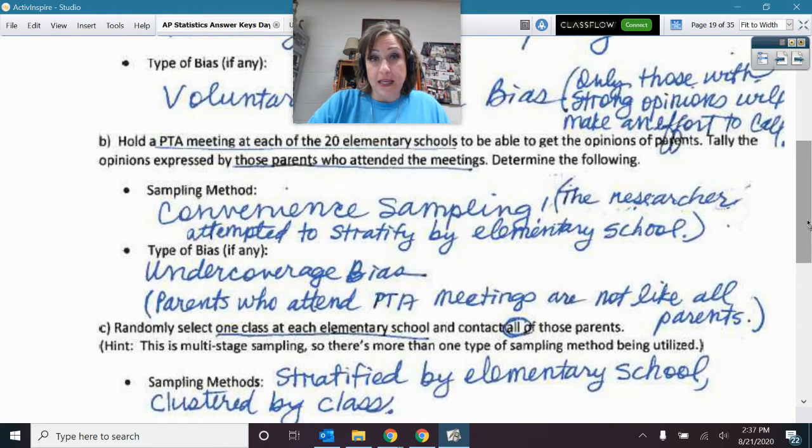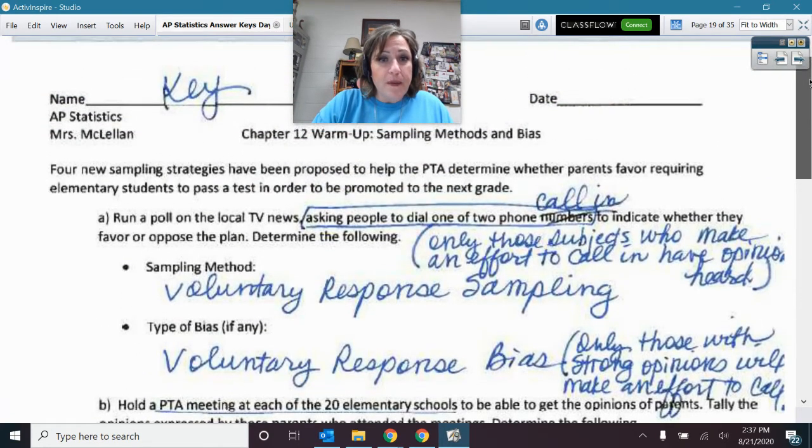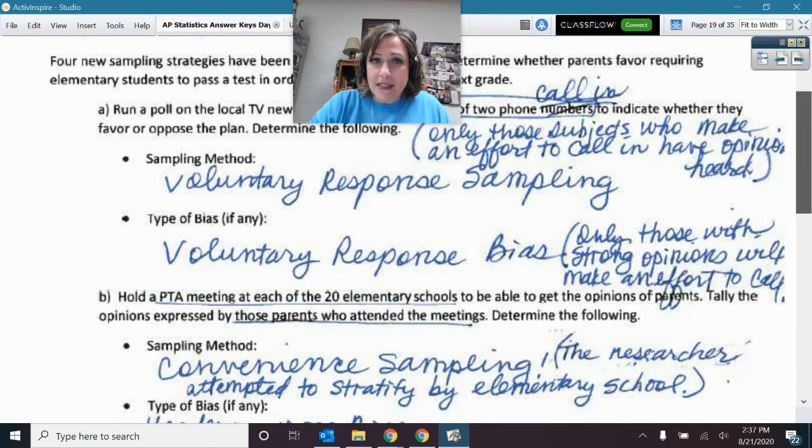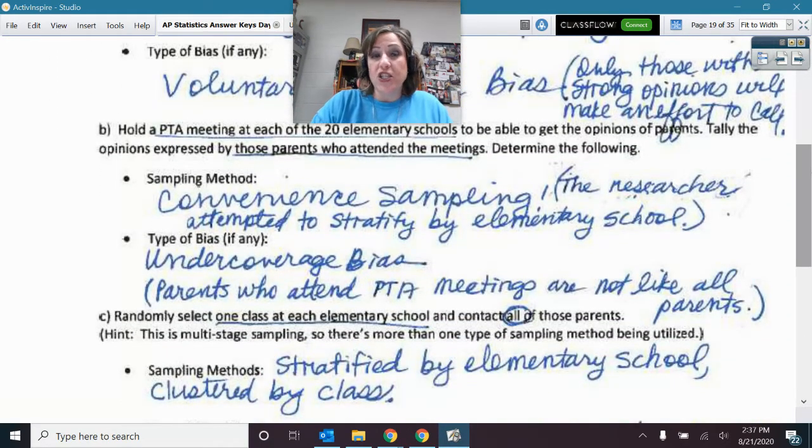It was convenient to ask the parents at the meeting. PTA parents are not like all parents in the district, especially when it comes to opinions about this testing, the test passing to go on to the next grade level. They're the ones that have the time to be involved.